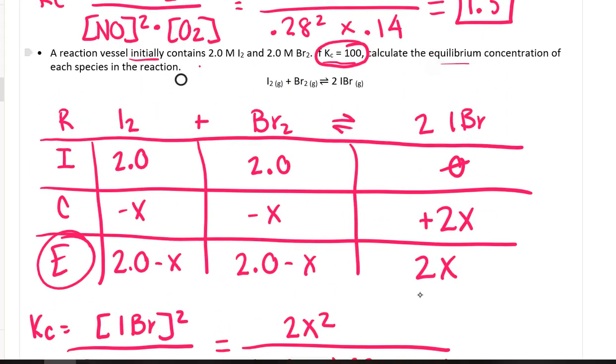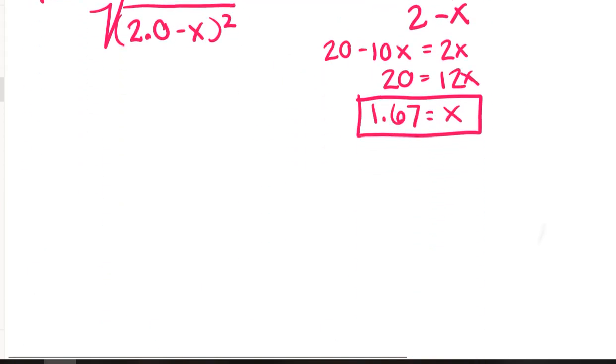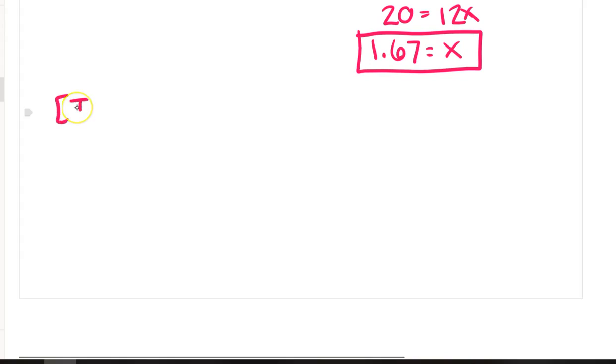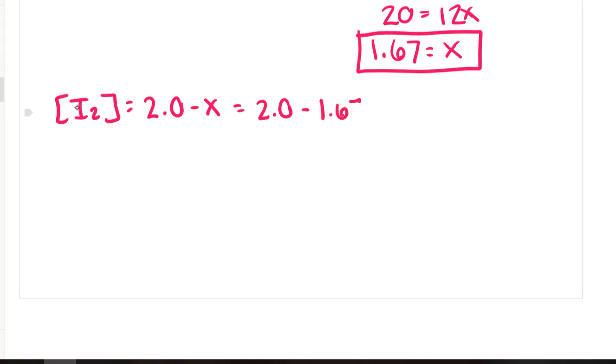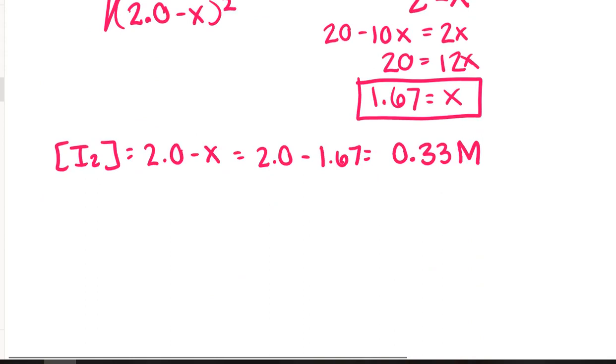We want to calculate the equilibrium concentration for each species. So let's start with iodine. At equilibrium, its concentration is going to be equal to 2.0 minus x. So its molar concentration is 0.33 molar. We could do the same thing for bromine. Again, its molar concentration at equilibrium is equal to 2 minus x.